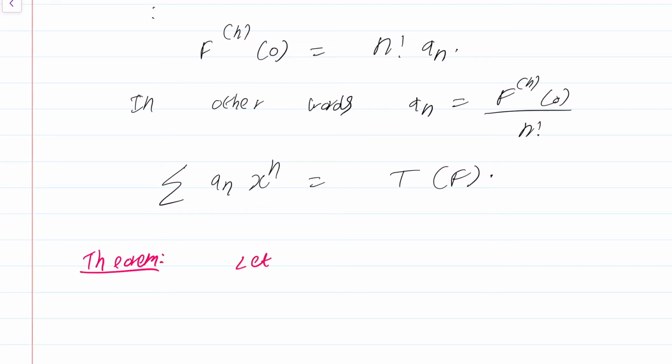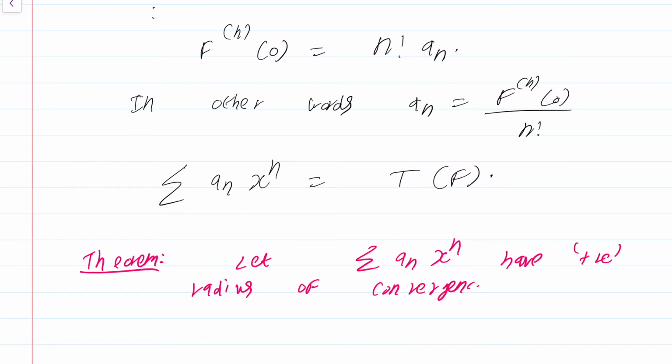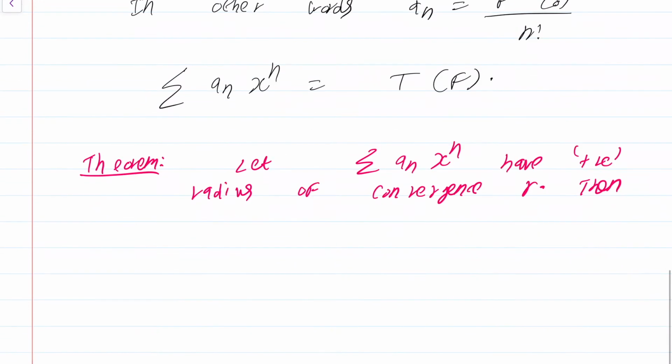Let summation a_n x^n have positive radius of convergence r. Then, I will write f equal to, with the understanding that f is the limit function, then f from (-r, r) to the real numbers is a smooth function.